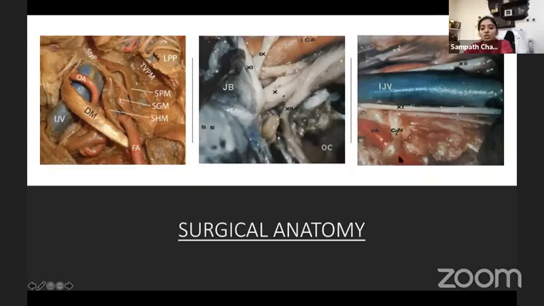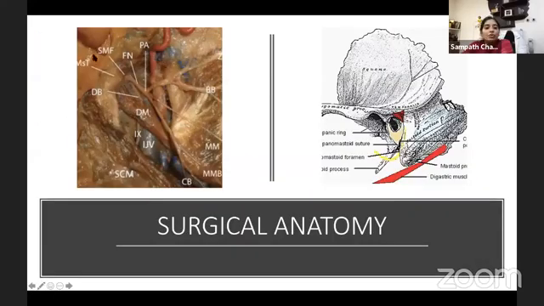You can also see the vertebral artery here. Whenever tumors extend beyond the jugular foramina into the neck, they can extend till the vertebral artery also. In these two pictures, there are some structures lateral to the vascular structures in the neck.